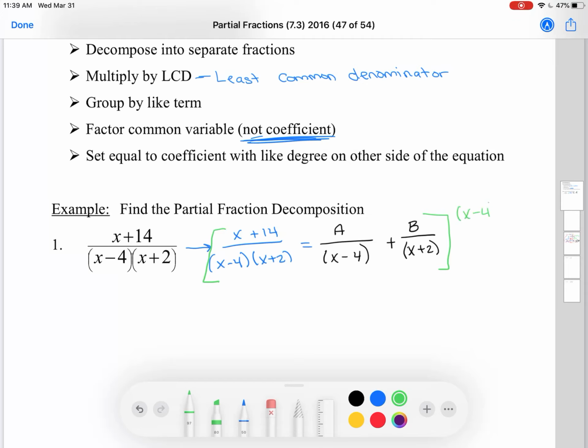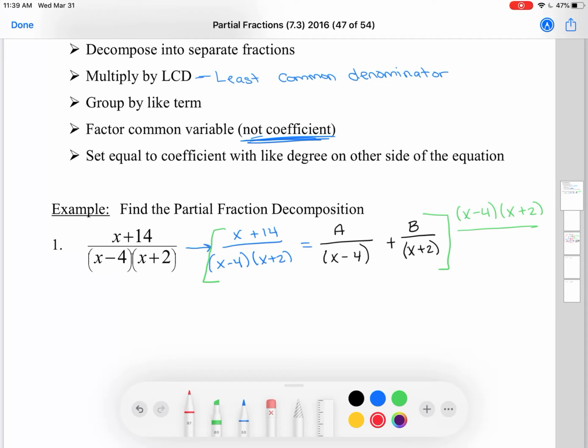So I'm going to multiply by x minus 4 and x plus 2. Now, I understand x minus 4 and x plus 2 occur twice, but they occur on separate fractions. So the least common denominator for all of those fractions, the only thing that's going to be common amongst all of them is going to be a single x minus 4 and a single x plus 2.